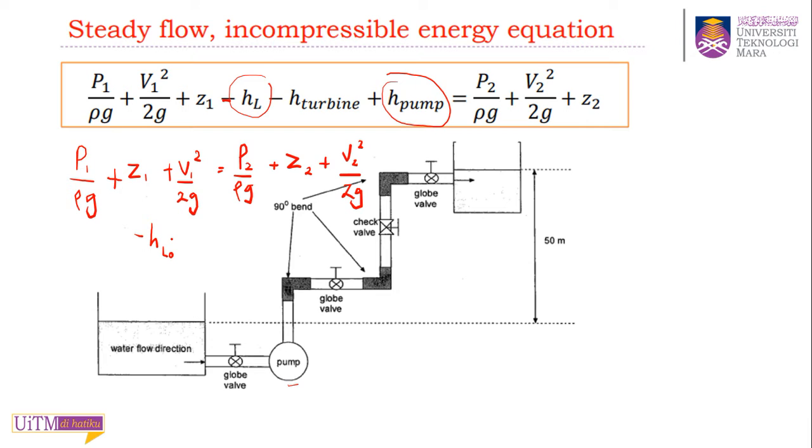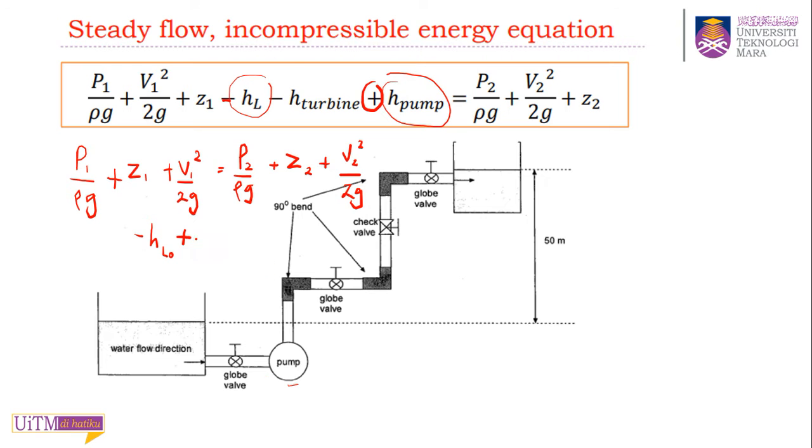Because of those losses, we add a turbine and a pump. The pump covers back the losses, so that's why the sign is plus. This pump will give mechanical energy to help the fluid flow.